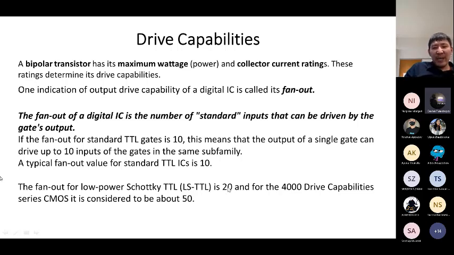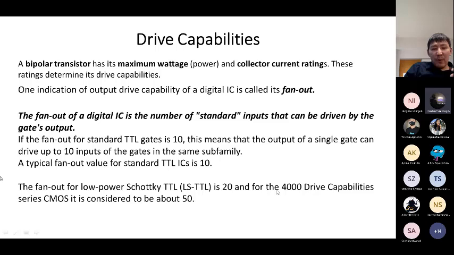It means that to the output we can connect 20 other inverters. But it should be the same family. If we work with Schottky TTL, to the output we can connect only Schottky TTL, not others. We could not connect simple TTL, because in this case the fan out will not be 20.